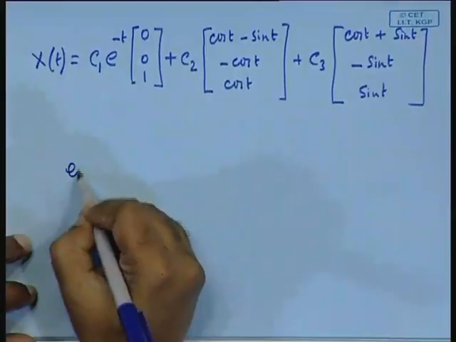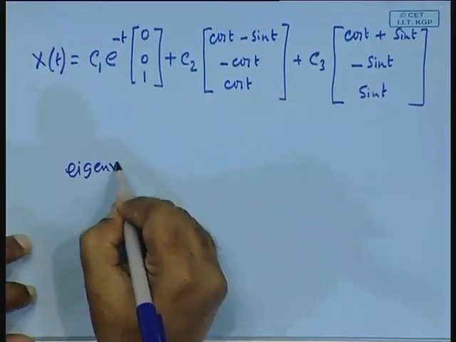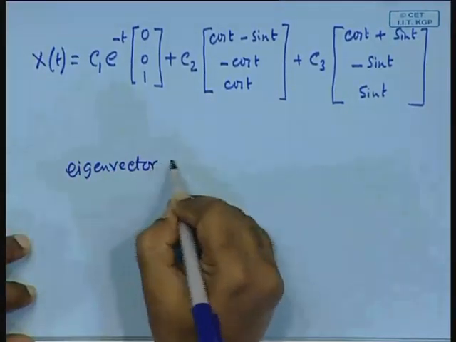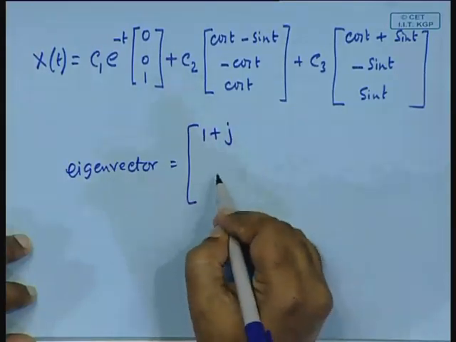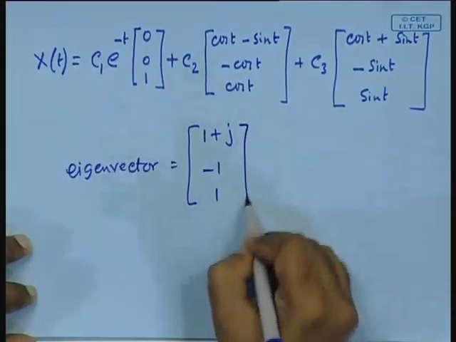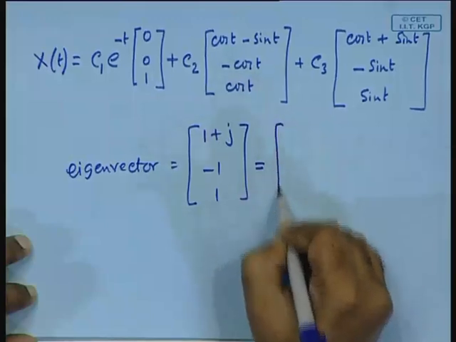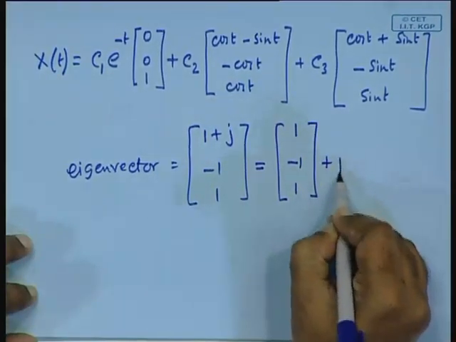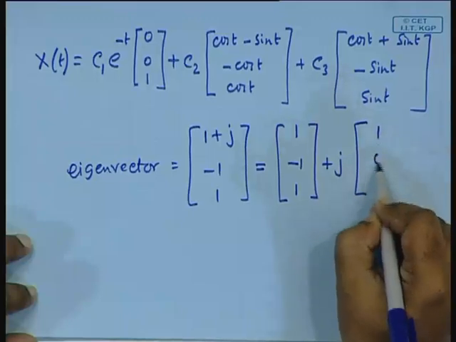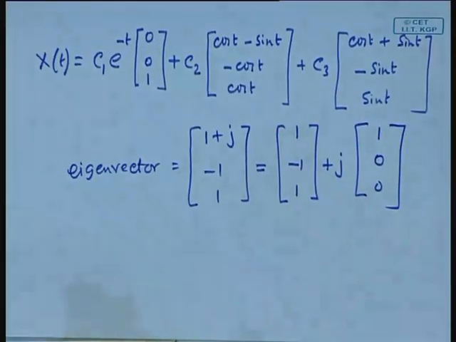So, the eigenvector was 1 plus j, minus 1, 1, which is 1, minus 1, 1 plus j times 1, 0, 0. You are right.